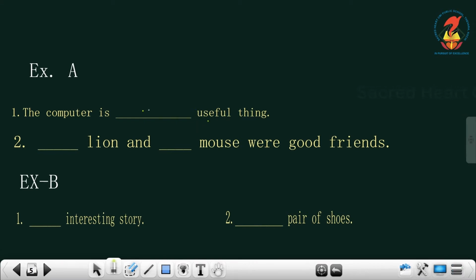So, the computer is a useful thing. Dash lion and dash mouse were good friends. A lion and a mouse were good friends.